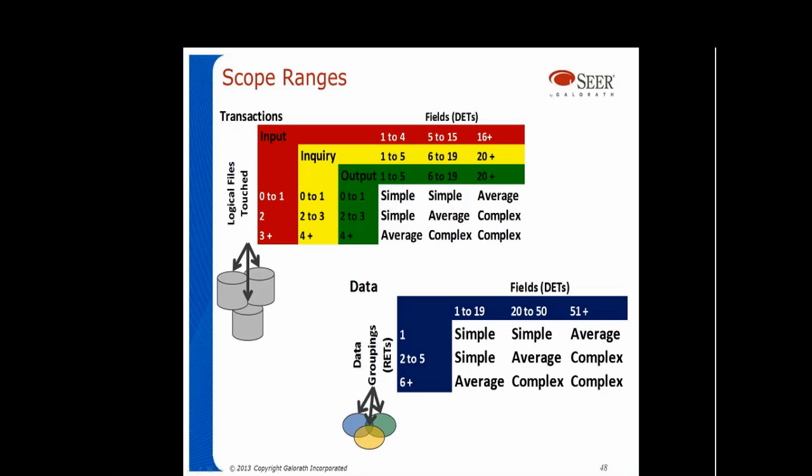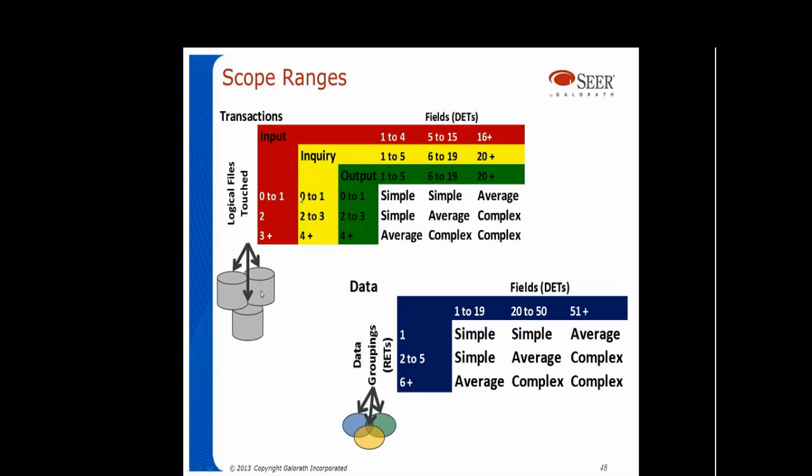When I talk about logical files touched here, I'm talking about that logical data that we've been calling out throughout the presentation. If I have an input that relies on 3 tables, then it goes on to this row here. If I have an inquiry that relies on a single set of data, obviously it goes on the first row here.